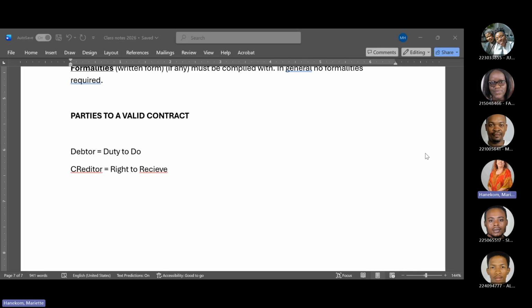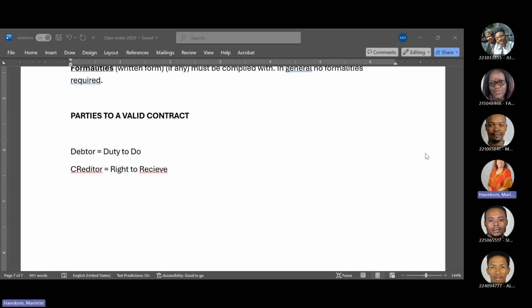But there's also the obligation that he must pay me. He has the duty to pay me, the duty to do. He is the debtor. I have the right to receive. I am the creditor. So in the same contract, the same people are both debtors and creditors, depending on the nature of the obligation that you are referring to.